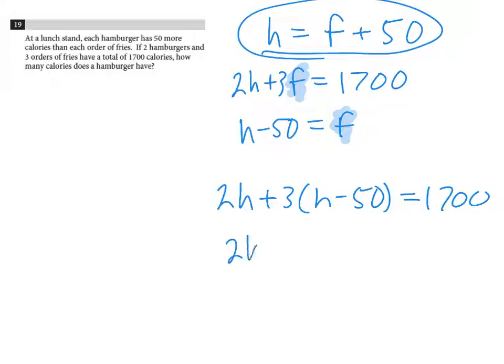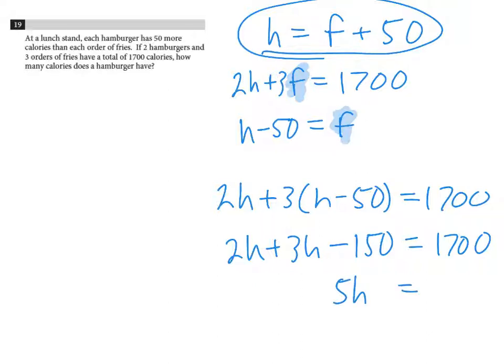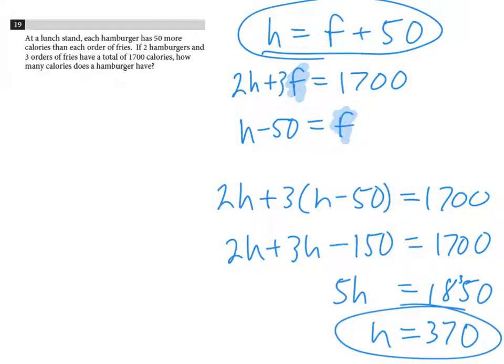So that's going to be 2h plus 3h, distribute that 3, minus 150 equals 1,700. I'm going to combine like terms and get 5h. I'm going to add 150 to both sides, 1,850. Now we can just divide by 5. Well, 5 goes into 18 3 times with a remainder of 3. 5 goes into 35 7 times with no remainder, and then it goes into 0 times. So a hamburger has 370 calories.